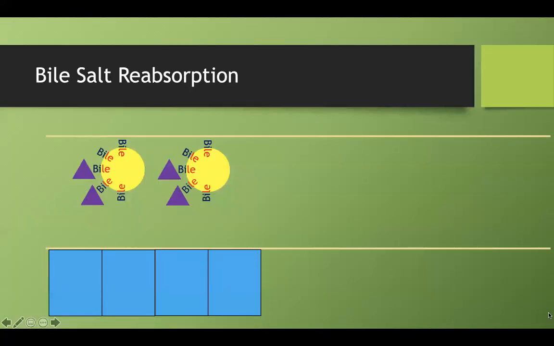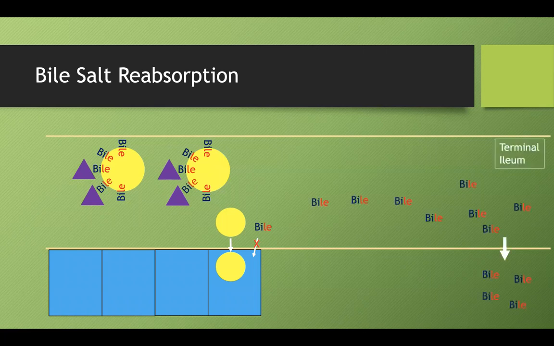And how that works is that in our small intestine, when we're trying to absorb fats, as the micelles of fat are absorbed into our enterocytes, the bile that was used to facilitate that process cannot enter these cells. Instead, that bile has to travel all the way down to the terminal ileum, where some of it gets reabsorbed and it can repeat the process over and over.